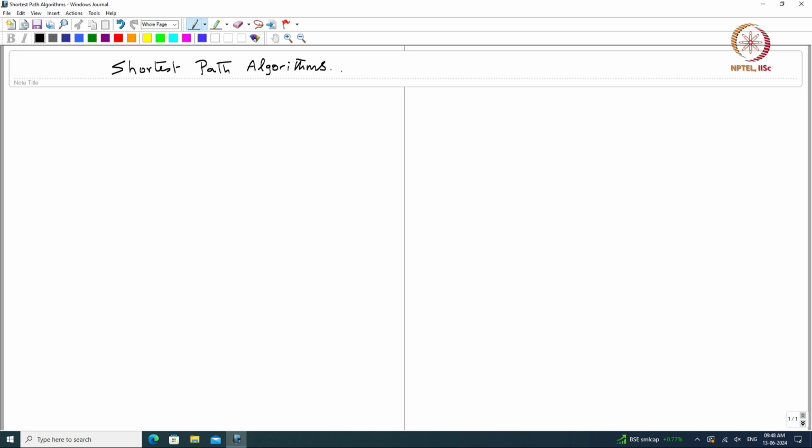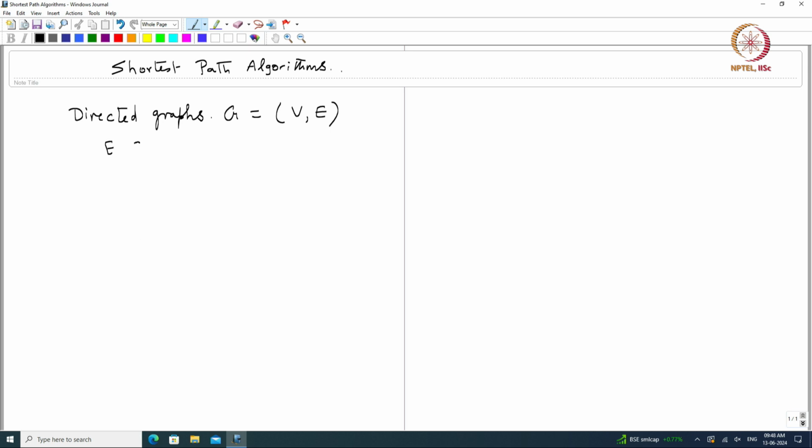We are going to work on directed graphs. A directed graph G is given by a pair of sets, vertex set and edge set.